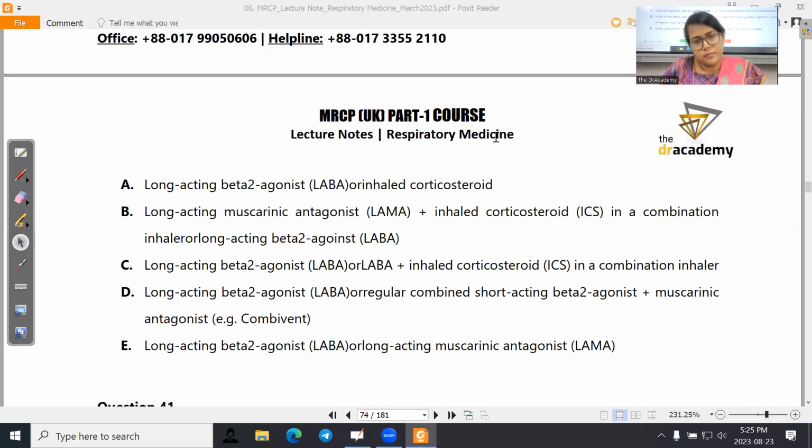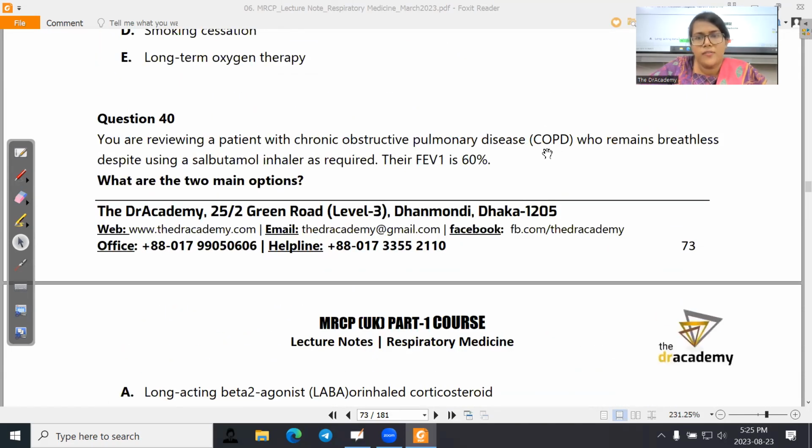Option number C. Okay, so this is saying that LABA or LAMA plus ICS in a combination inhaler. Unfortunately, this was actually option number E, because the clue is the patient is having COPD, but the FEV1 is more than 50%, okay? So that means the patient is either in stage 1 or 2.